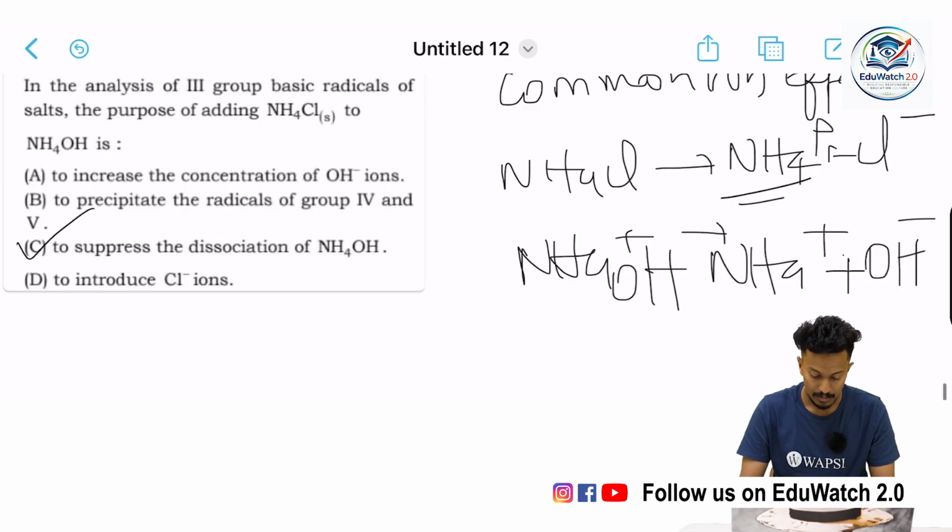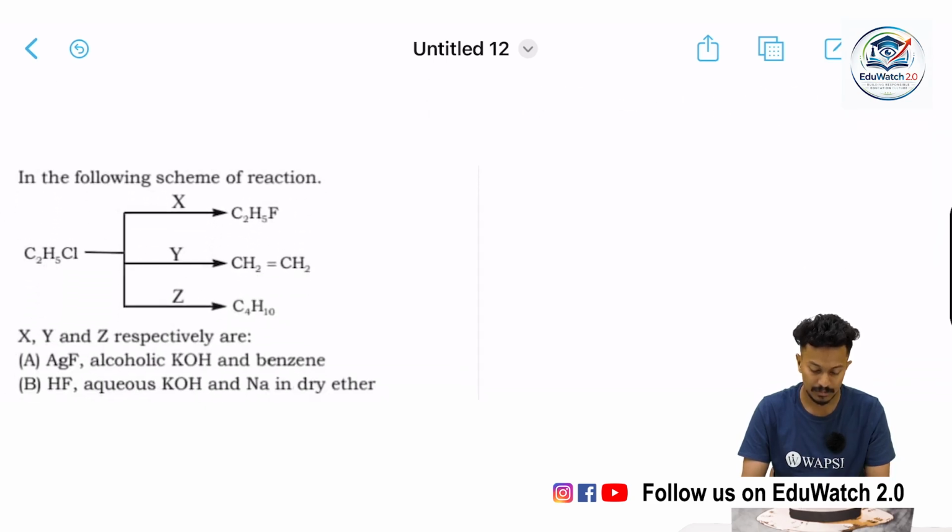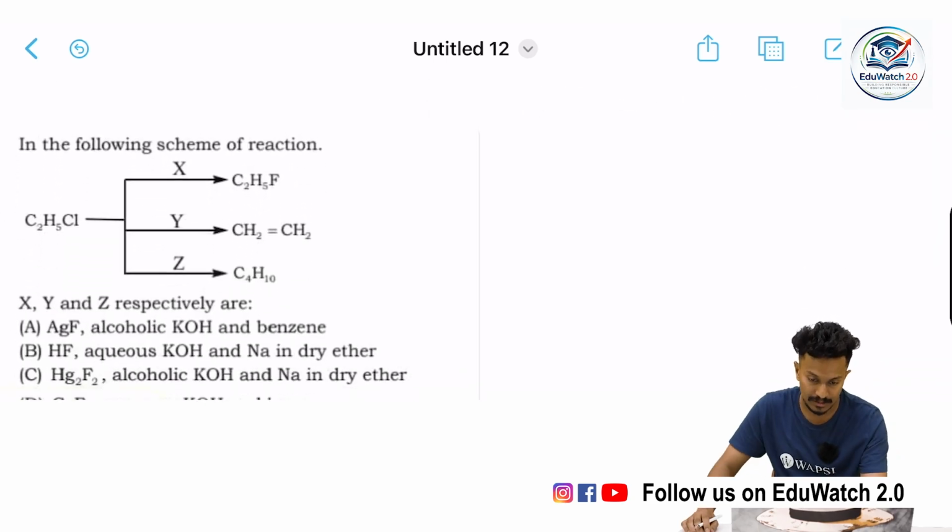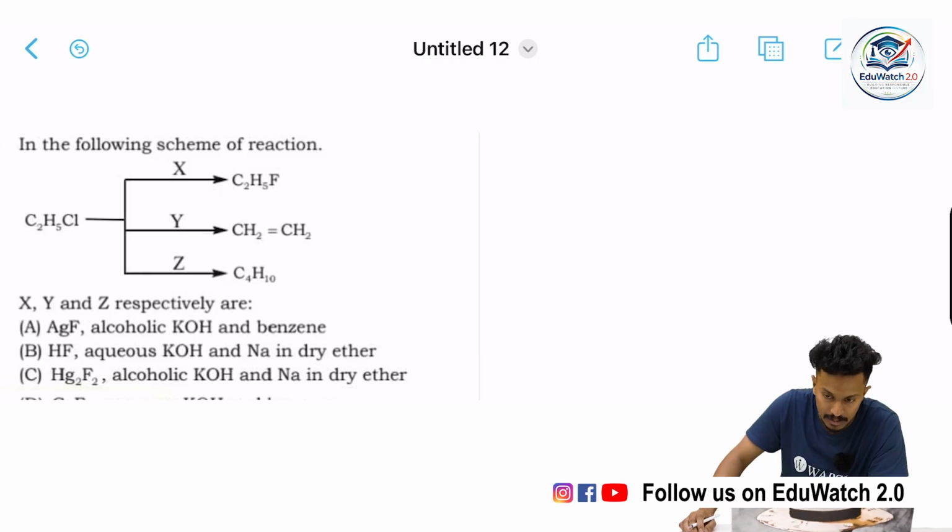Okay, moving on to our next question. In the following scheme of the reaction, okay, it's quite a bit different one.